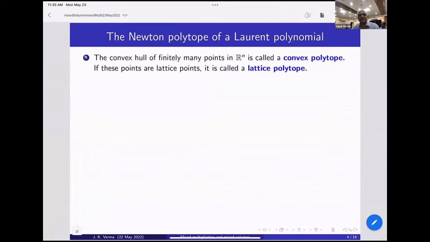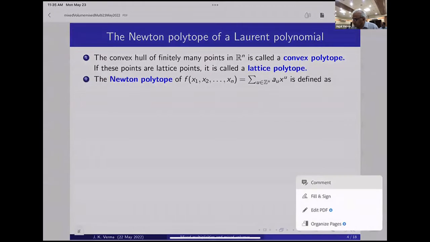First of all, convex hull of finitely many points in n-dimensional Euclidean space is called a convex polytope. And if these points are lattice points, that is points where the coordinates are integers, then it is called a lattice polytope. So take a multivariate Laurent polynomial, write it as a sum of monomials, and compact notation for monomial is x to the u.